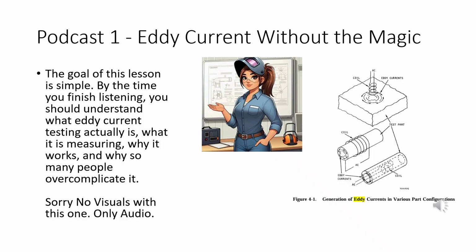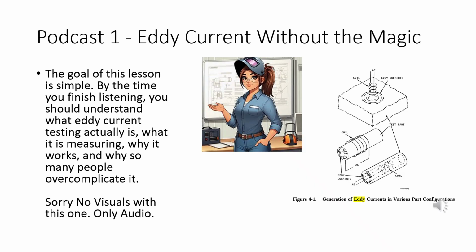What problem is eddy current trying to solve? Let's start there. Every NDT method exists because we need to answer a question. Visual testing asks, can I see a problem? Liquid penetrant asks, is there a crack open to the surface? Magnetic particle asks, is there a surface or near-surface discontinuity in a ferromagnetic material?